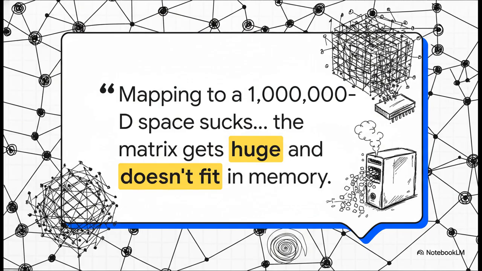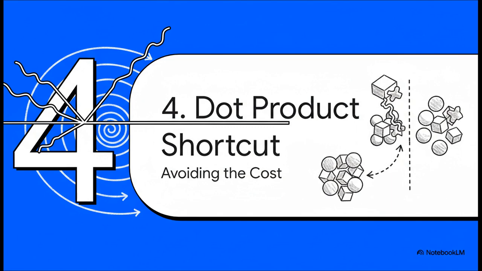We're talking thousands, millions, sometimes even infinite dimensions. Trying to actually calculate the new coordinates for every single data point would be ridiculously slow, and it would eat up way more computer memory than you could possibly have. So the real puzzle is this: how can we get all the benefits of that higher dimension, that nice, clean separation, without actually having to go there and pay that insane computational price?